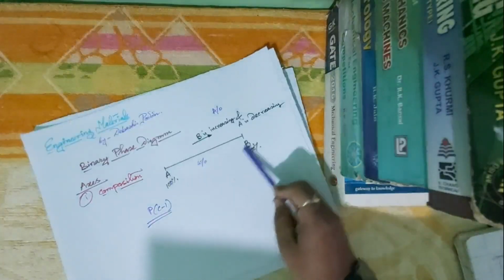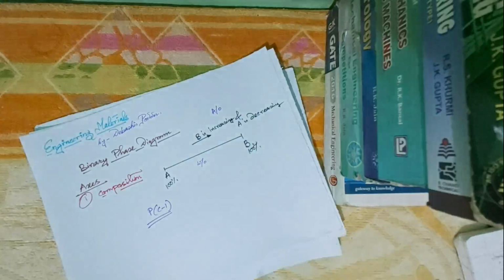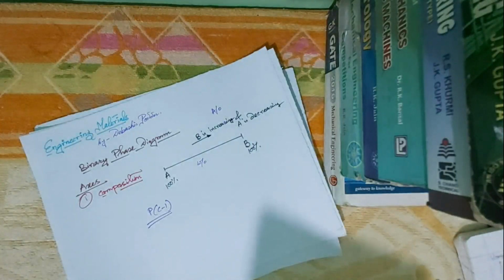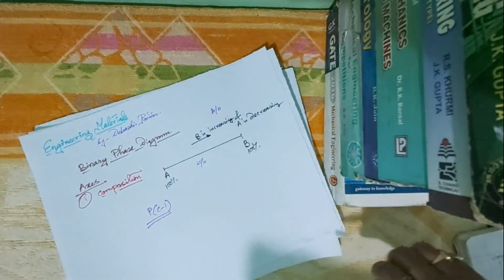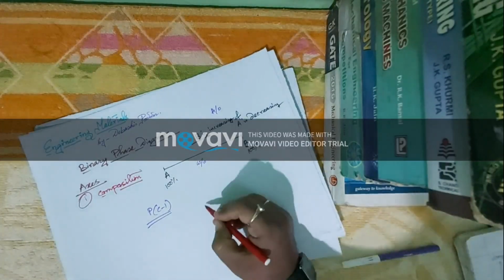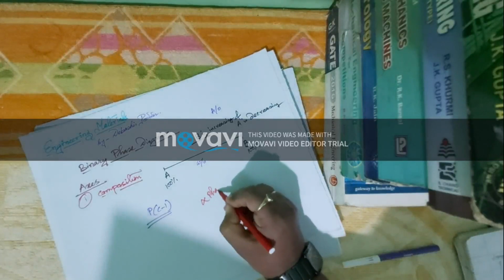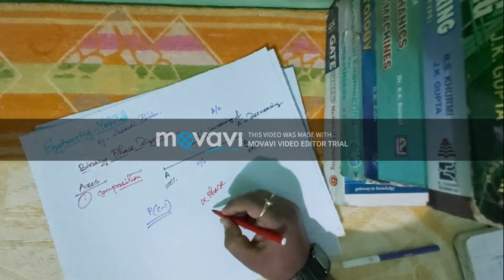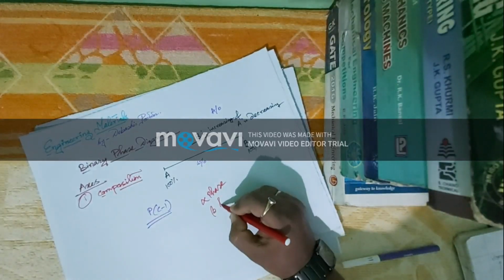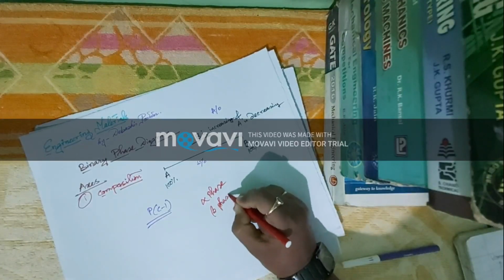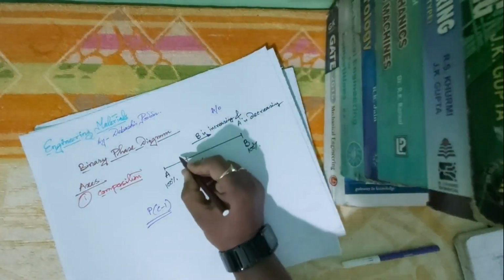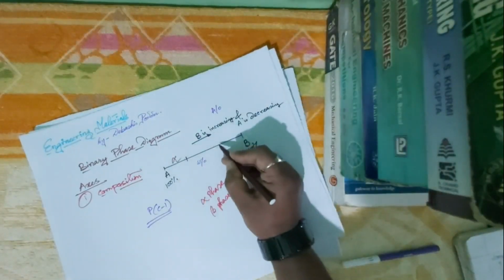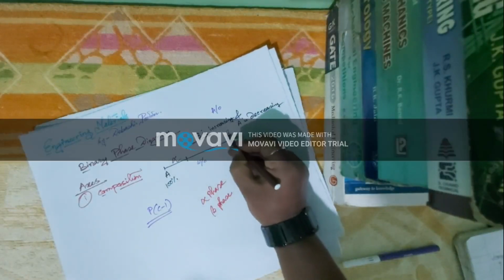So in this composition diagram, let us say we have two phases. One is alpha phase and another is beta phase. Here it is alpha phase and here it is beta phase.